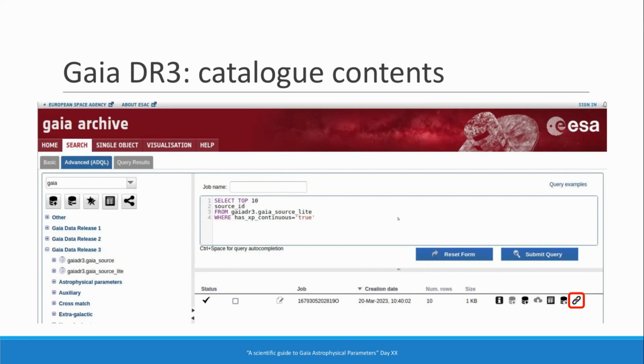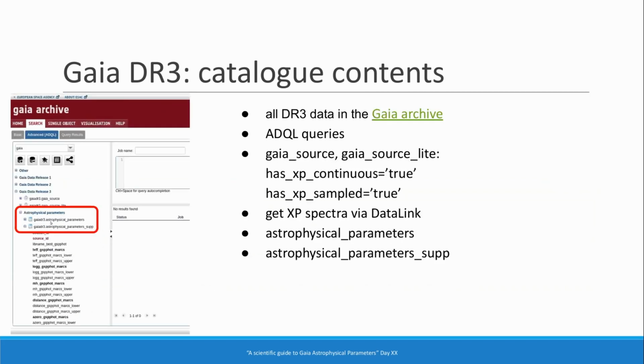What you also have in the Gaia archive is this tab here, the Astrophysical Parameters. When you click on this plus sign here, it would open, and there you can see two tables in there, the Astrophysical Parameters and the Astrophysical Parameters supplementary tables.